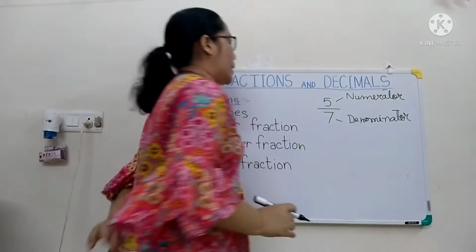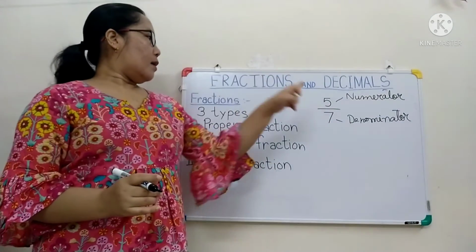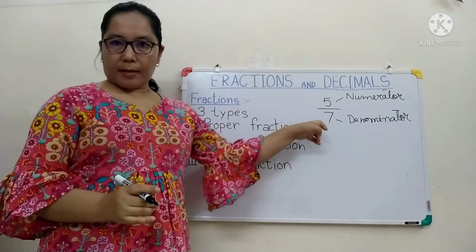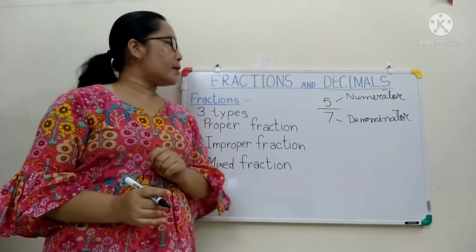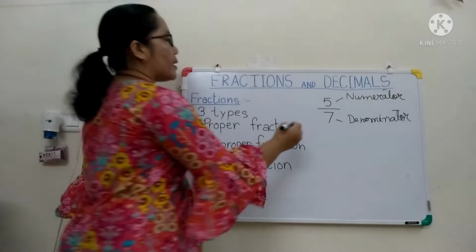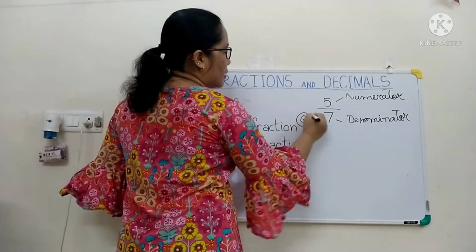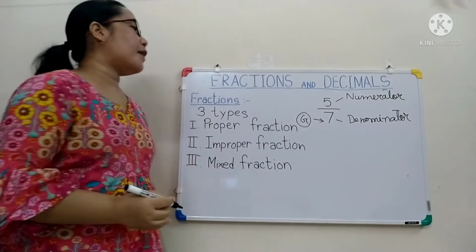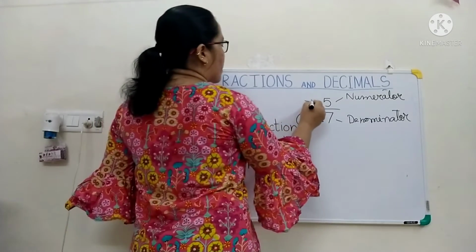Between 5 and 7, which is the greater number? 7 is the greater number and 5 is the smaller.